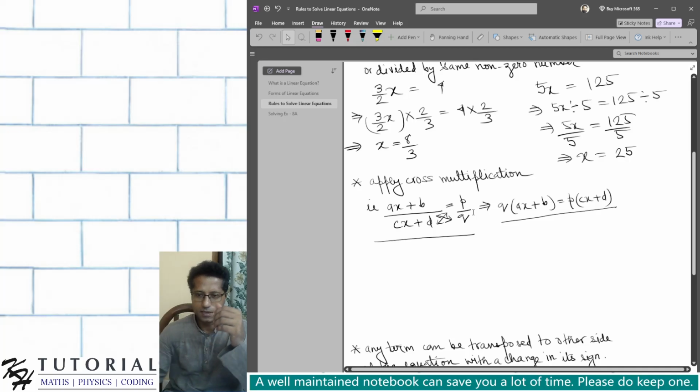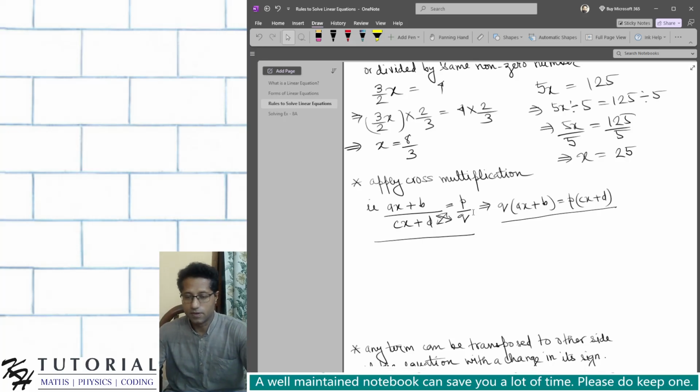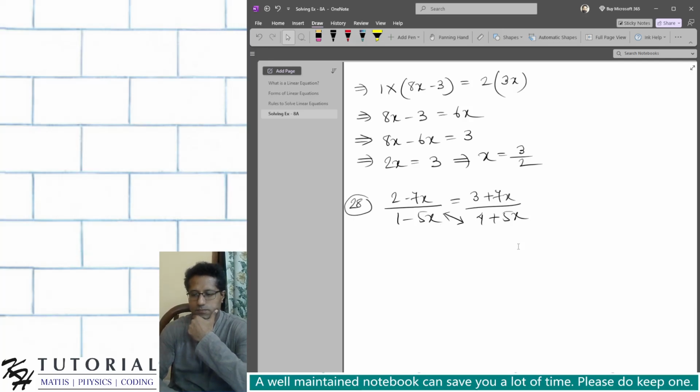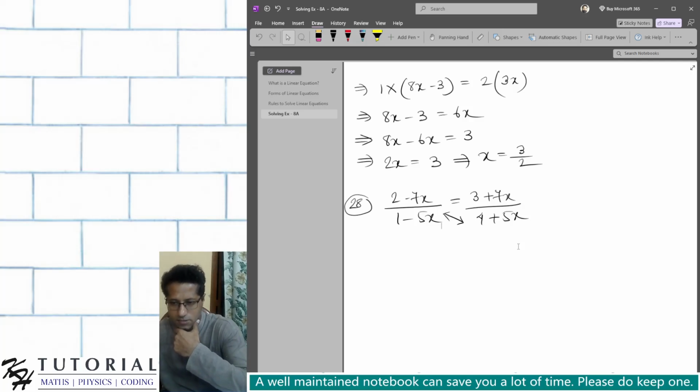Instead of p by q, it can also be an expression, just like in this problem where the RHS is of the rational form, where both the numerator and the denominator are linear polynomials in x. That is 3 plus 7x, a linear polynomial in x, and 4 plus 5x, also a linear polynomial in x.